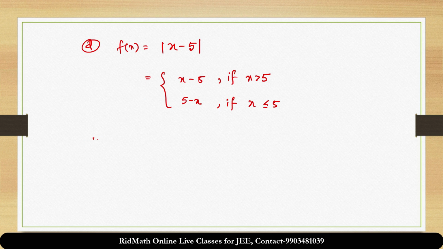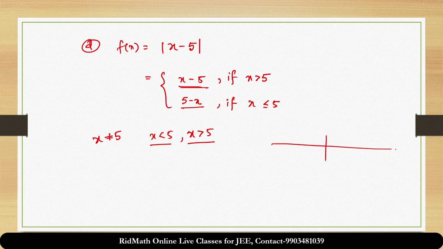Observe that when x is any real number not equal to 5, then the definition is either x − 5 or 5 − x, according as x less than 5 or x greater than 5. When x is less than 5, then the definition is 5 − x, and when x is greater than 5, then the definition is x − 5.